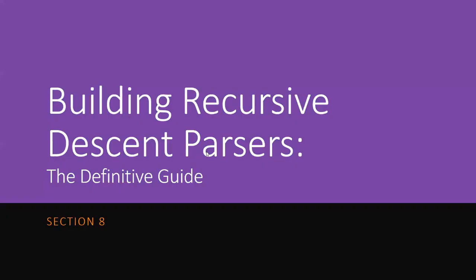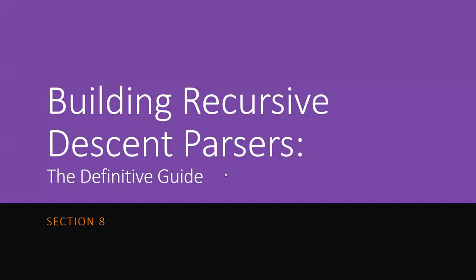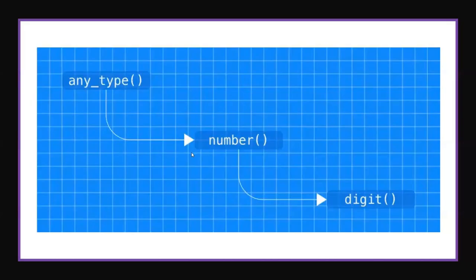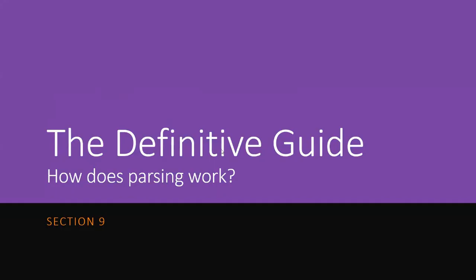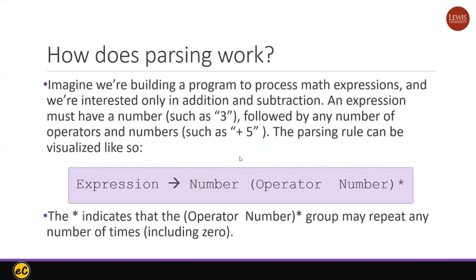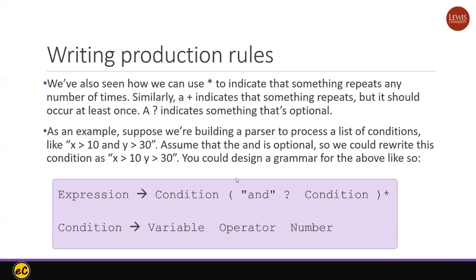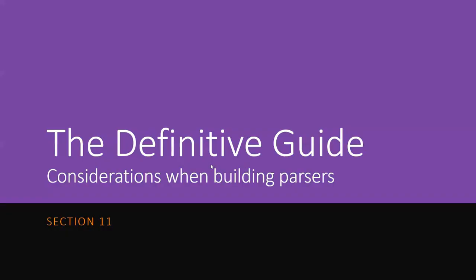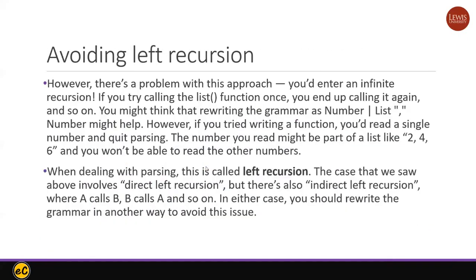So here we do know about the syntax tree like this. If you want to build a recursive descent parser, that actually is right here. We do have an example, and that will build the whole parser, including the declaration. So this one is a whole guide to write a parser, and it's very detailed, a lot of things to cover.